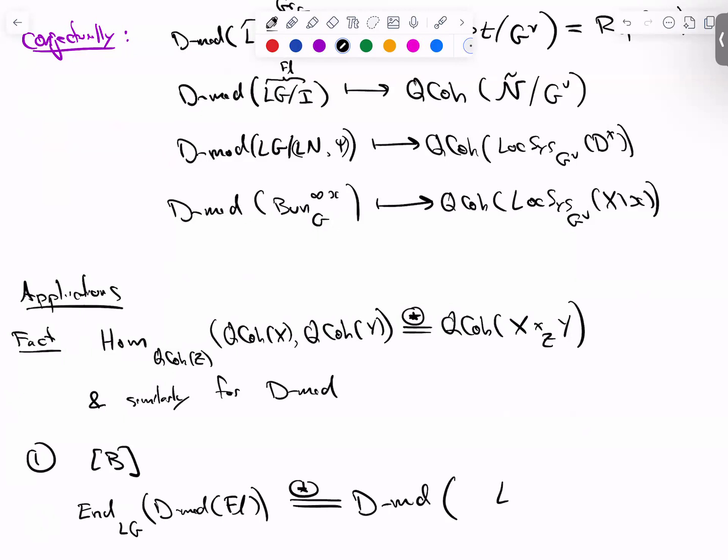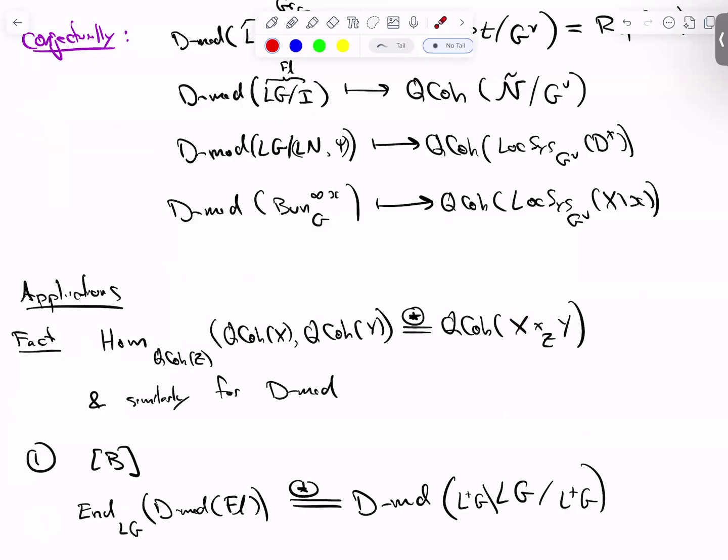We take loops G. I'll just write it down directly. So here X is loops G mod.